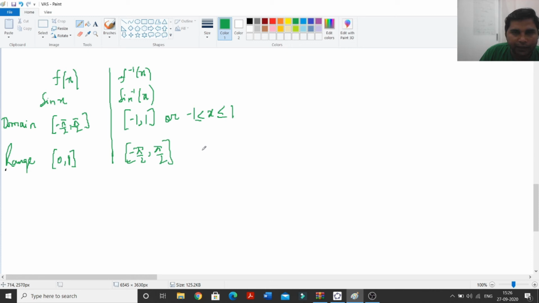We can also write the range as minus pi over 2 less than or equal to sin inverse x less than or equal to pi over 2. Okay, so that was the explanation for sin x.